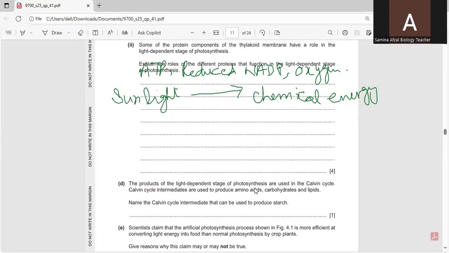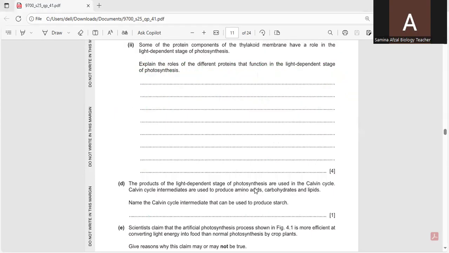Next question is, some of the protein components of a thylakoid membrane have a role in the light-dependent stage of photosynthesis. Explain the roles of the different proteins that function in the light-dependent stage of photosynthesis.